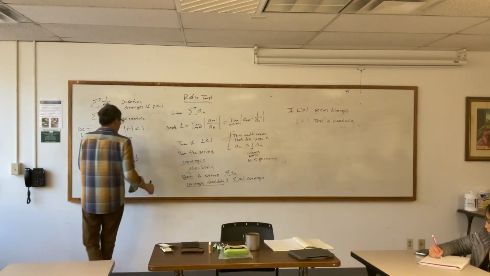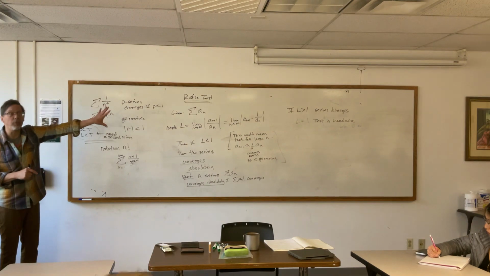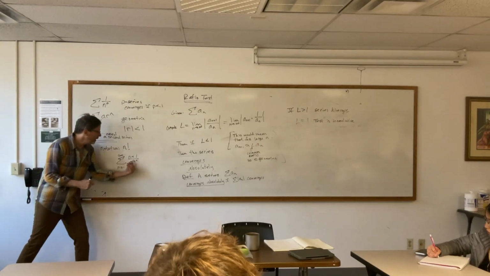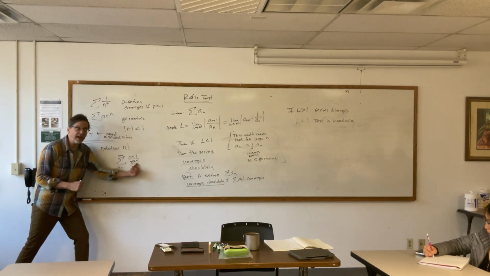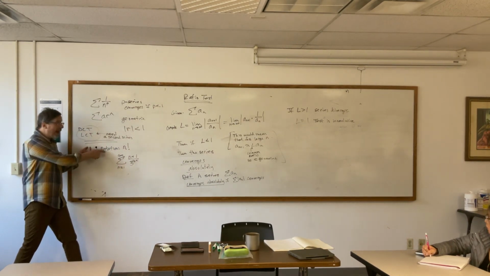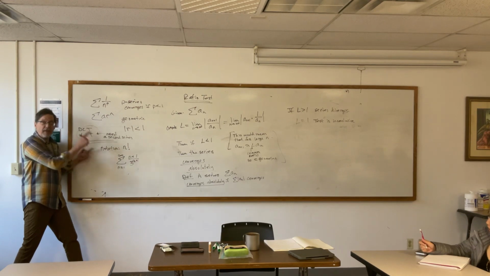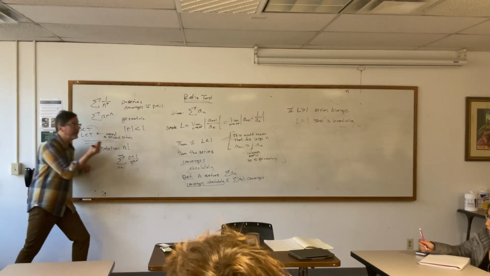I'm going to recommend you use the ratio test when you have moving exponents. In other words, the index appears as an exponent, or factorials appear. That's the time to pull this test out.